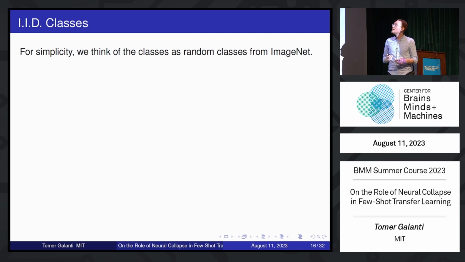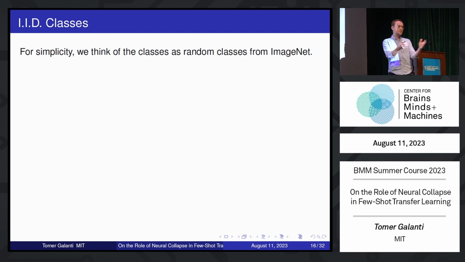So for simplicity, and one could think of extensions of that, we think of the classes as random classes. So basically, let's say we have some generator of classes, or a source of many classes, and we generate the classes from the same generator in an independent fashion. Statistically, the classes are independently and identically distributed, okay?